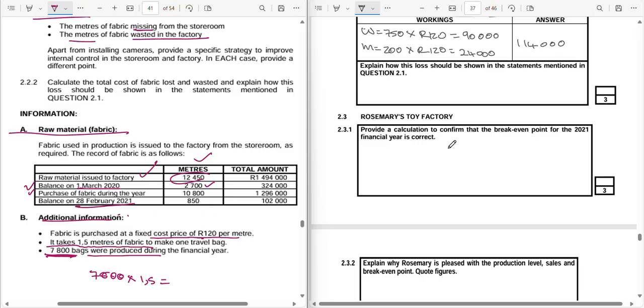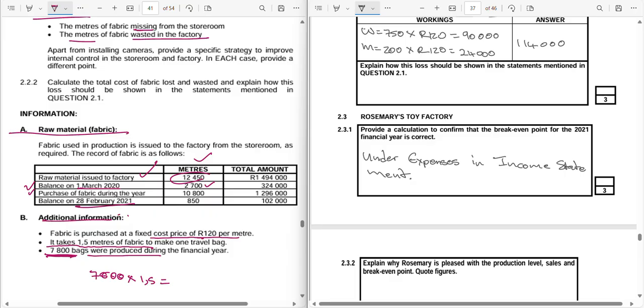So this must be shown under expenses on the income statement, because this is what we call loss due to theft.